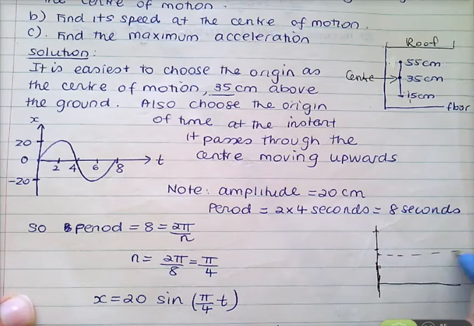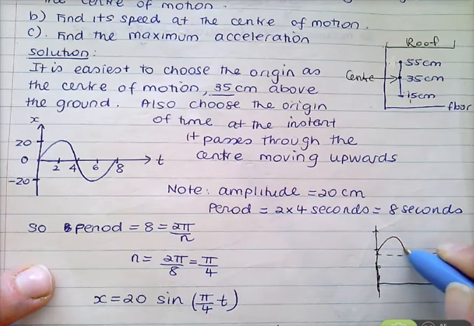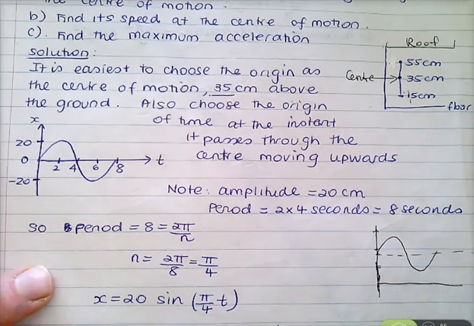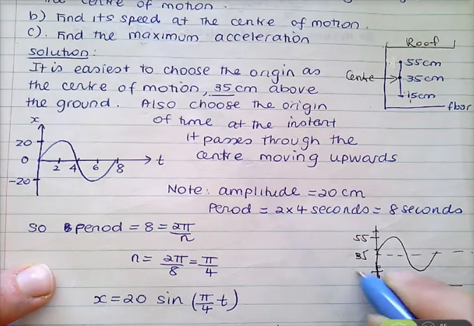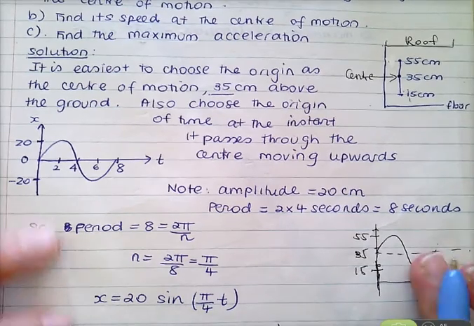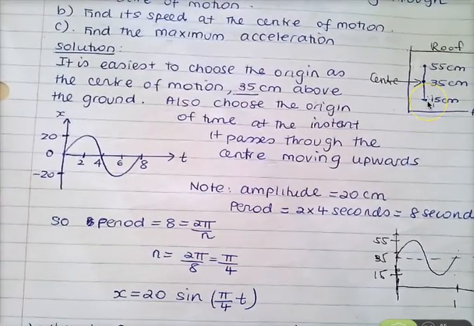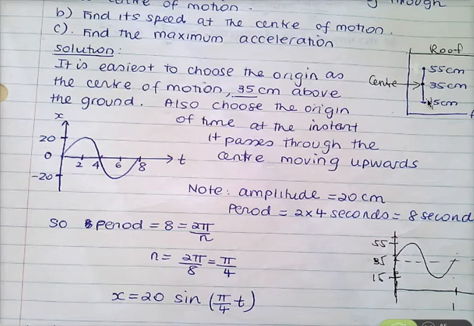I can have the centre at 35 and move up and down, etc. And I can have this at 35, 55, 15. But that makes things difficult to work out. That's actually what it does look like. And remember, the question says it takes 4 seconds to move from the bottom of its motion, 15 centimetres above the floor, to the top of the motion.